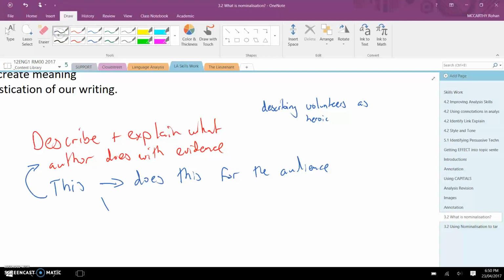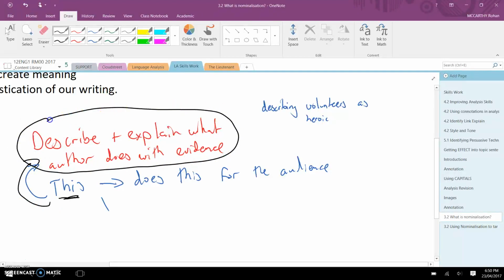Now, that might not make a lot of sense at the moment, but basically the word "this" is a pointing word. It's pointing back to what we've just described. Okay, so the most simplistic way of writing that is just saying this makes the audience feel guilty, or this makes the audience see volunteers as being heroic.